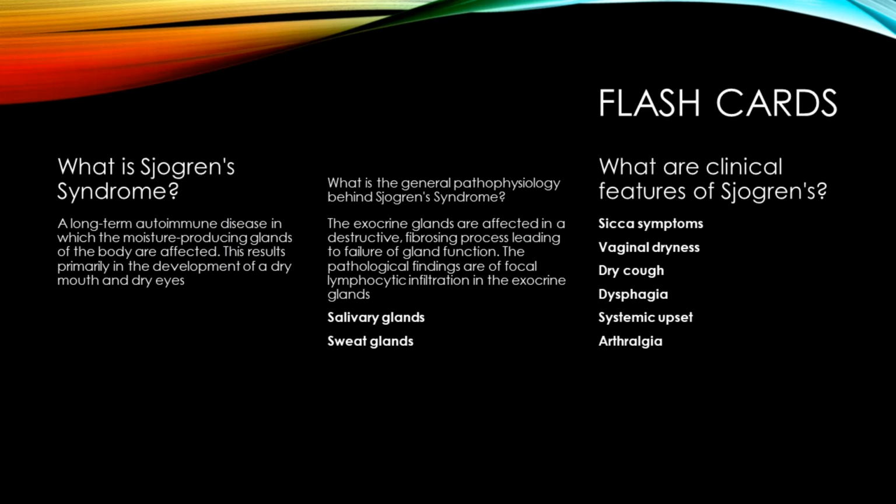The exocrine glands are affected in a destructive fibrosing process leading to failure of gland function. The pathological findings are of focal lymphocytic infiltration in the exocrine glands, salivary glands, sweat glands. What are clinical features of Sjogren syndrome? It's sicca symptoms, vaginal dryness, dry cough, dysphagia, systemic upset, arthralgia, and so on.